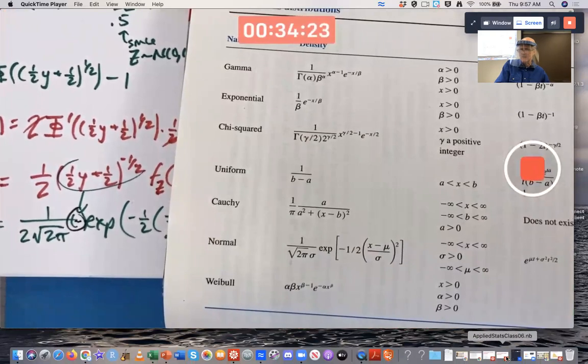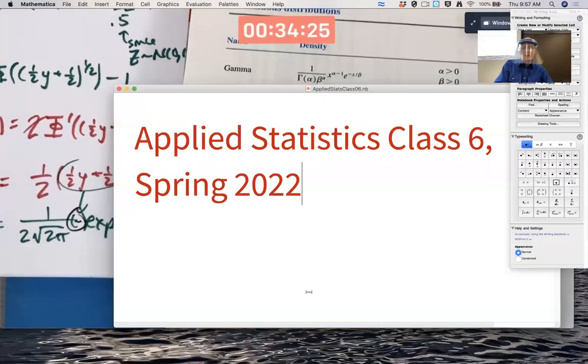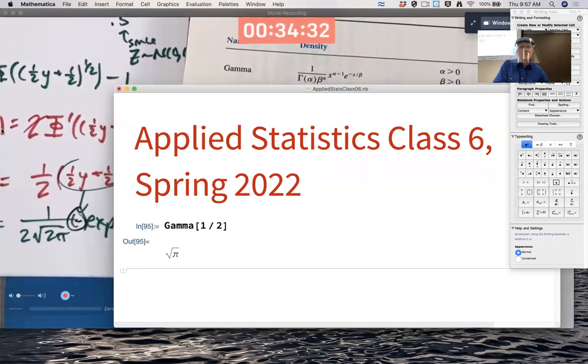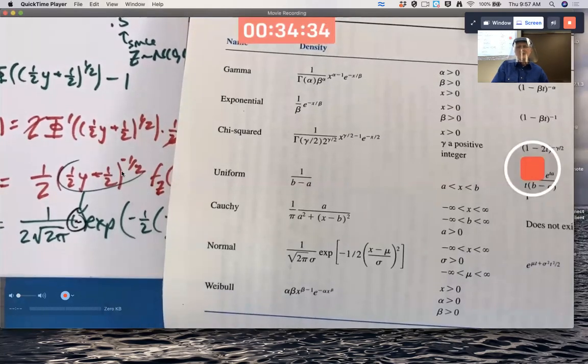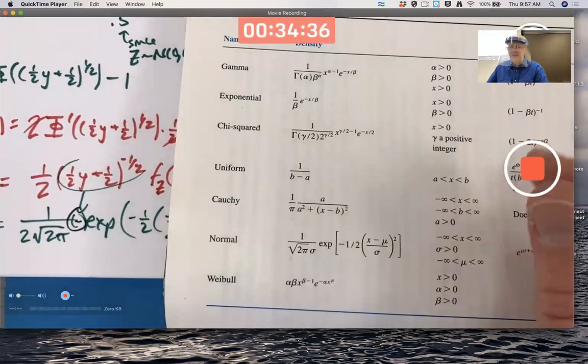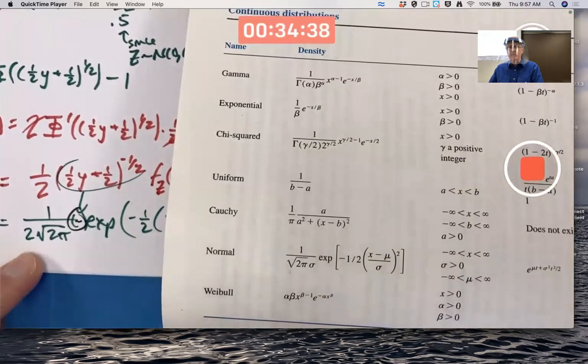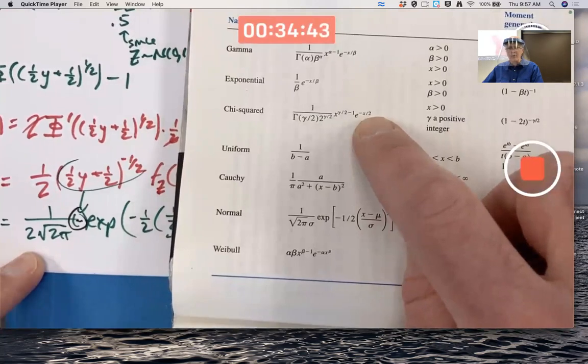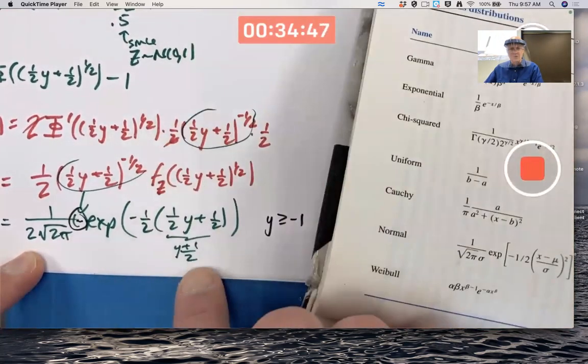It might be related to the fact that here we replaced x not with y or y plus 1, but y plus 1 over 2.